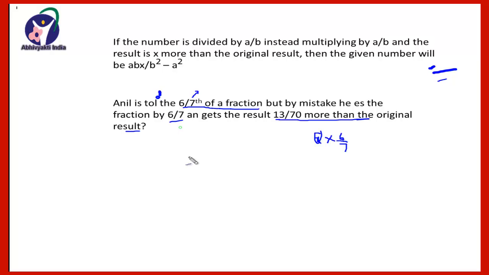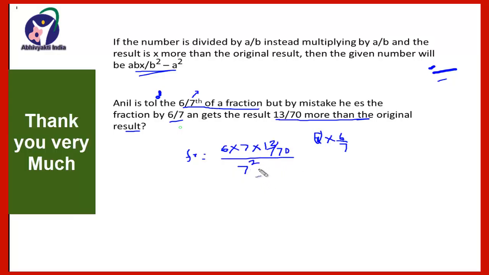So that fraction will be equal to, here we can apply this formula: abx upon b square minus a square. So 6 into 7 multiplied by x is 13/70 divided by b square minus a square, that is 7 square minus 6 square.